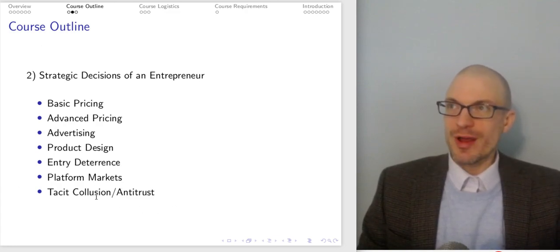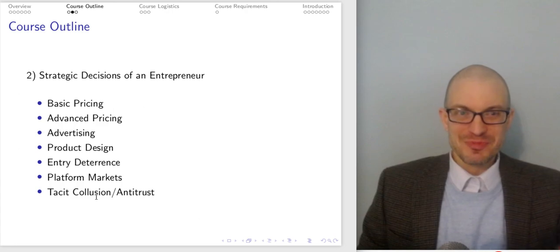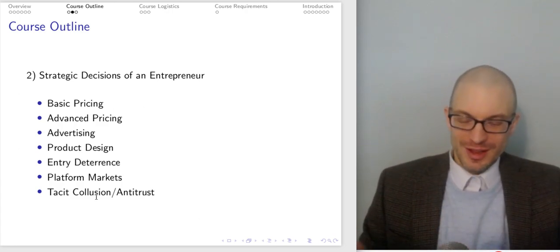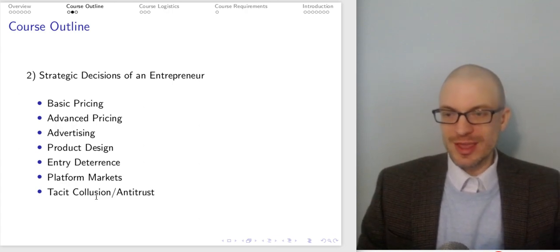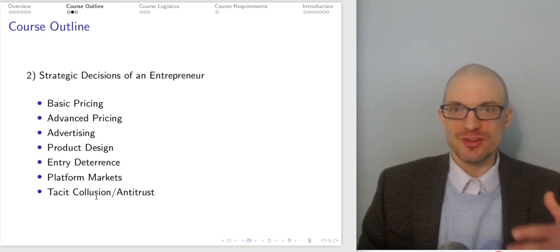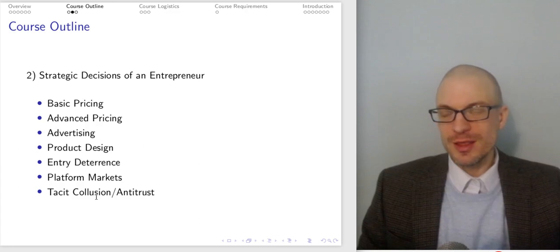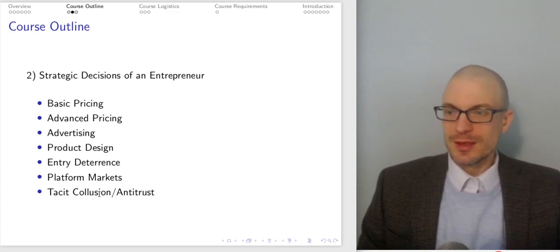From the standpoint of recognizing, very often when entrepreneurs are entering industries, they could be the victim of collusion that's in antitrust proceedings that's already taking place. For instance, the example of Ben and Jerry's entering the grocery market and then being competed against by Haagen-Dazs.